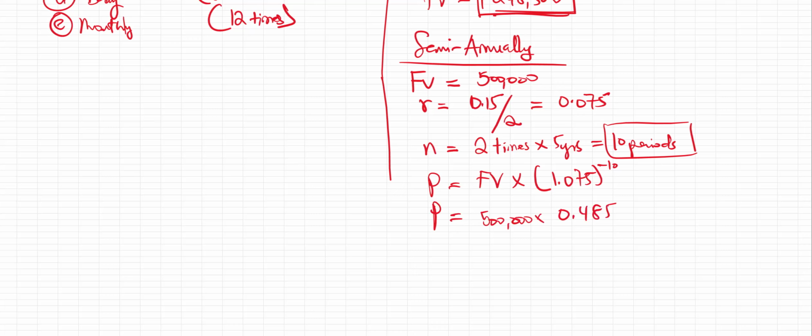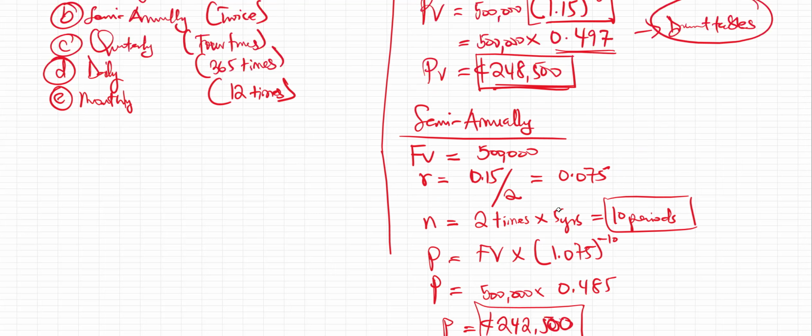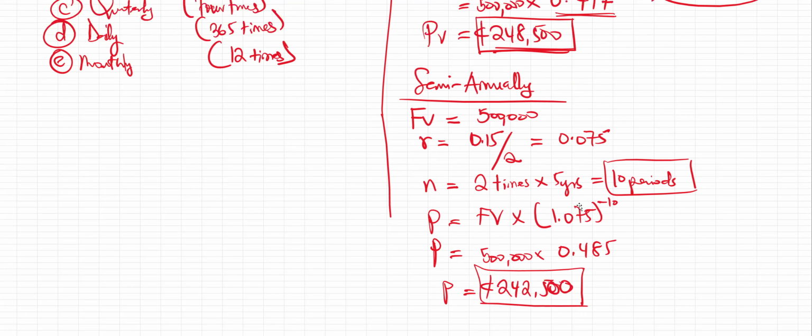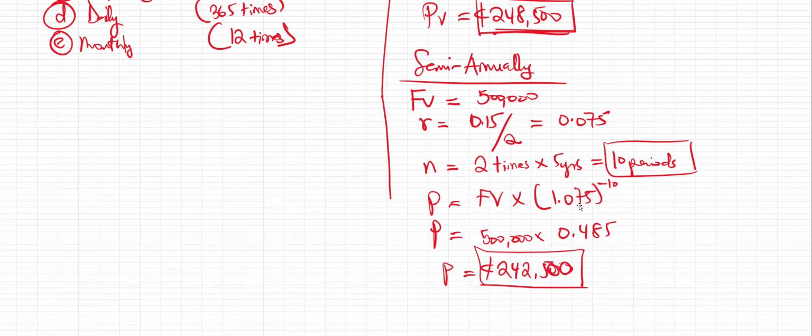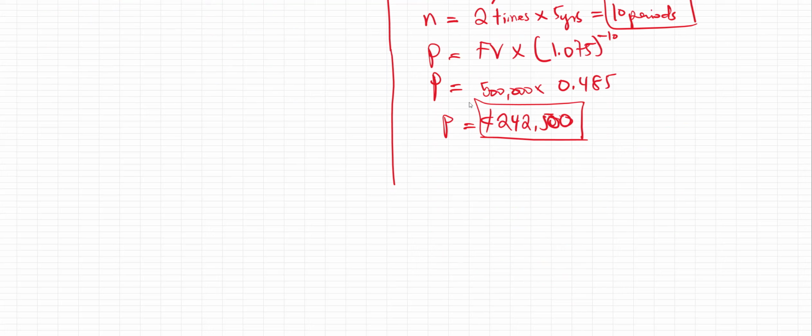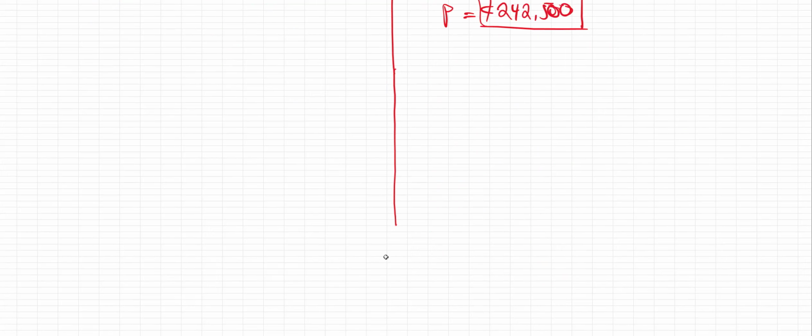So our present value becomes 242,500. Is it still not close to the 240,000? It's close. You see, it's just an estimate. I hope gradually you are getting comfortable with discounting. So come and learn all the different techniques in discounting.